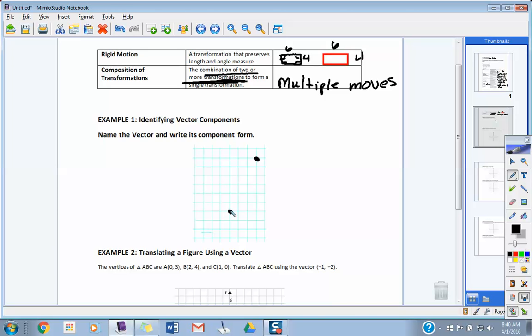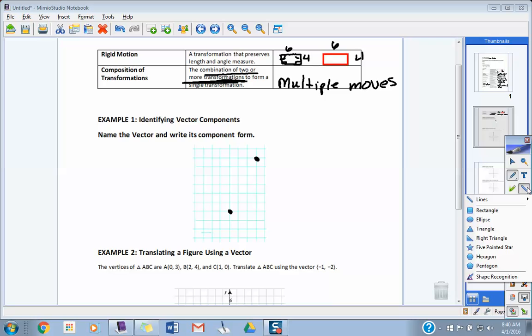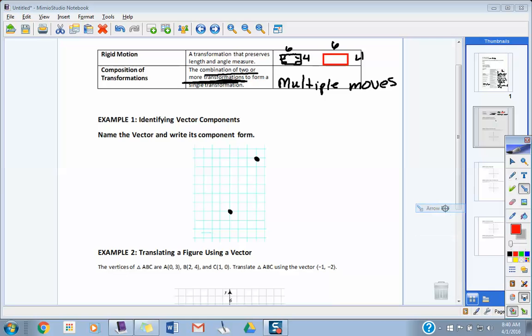Okay, here's what I want you to draw for your vector then. Just sketch it in there. It doesn't need to be perfect. All right, that's the way I want to see your vector. Your vector starts up top right, and it moves to that bottom left point. And we'll label these points.